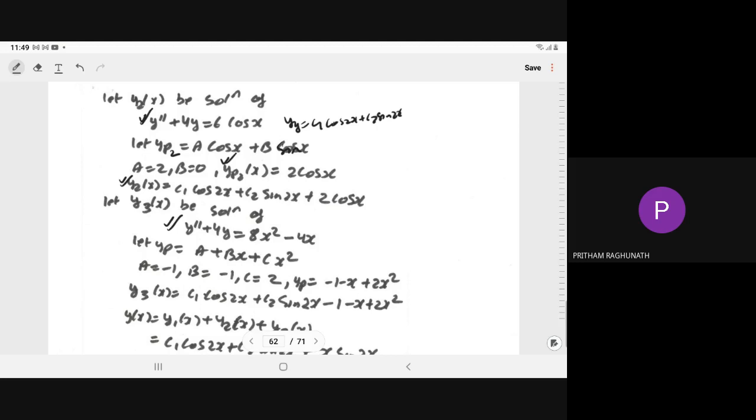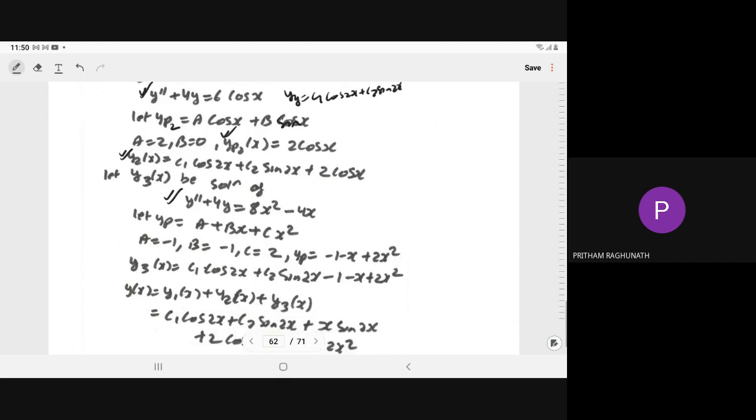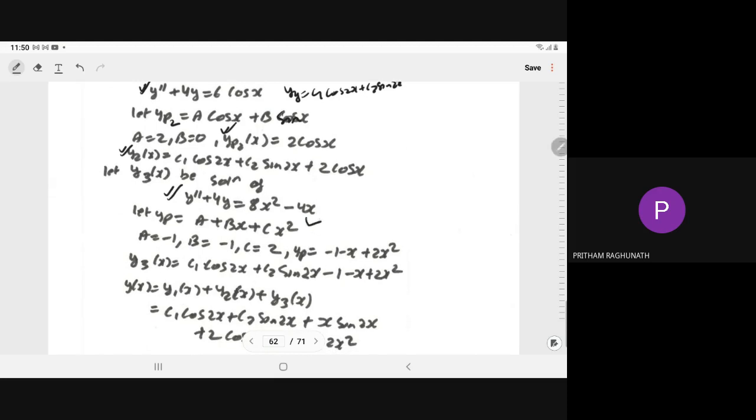Now we take the third problem, y'' + 4y = 8x² - 4x. Since this is a polynomial, we take yp3 as a + bx + cx². So that is your yp3.